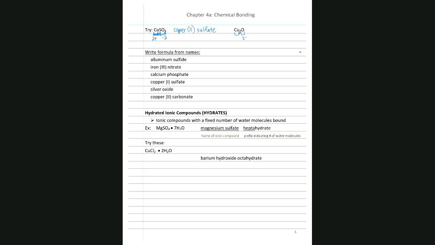So then 1+. Yeah, so 2 times 1, since there's 2 of them, the charge must be 1+, so that we have 2 positive charges and 2 negative charges. So this is copper 1 oxide.